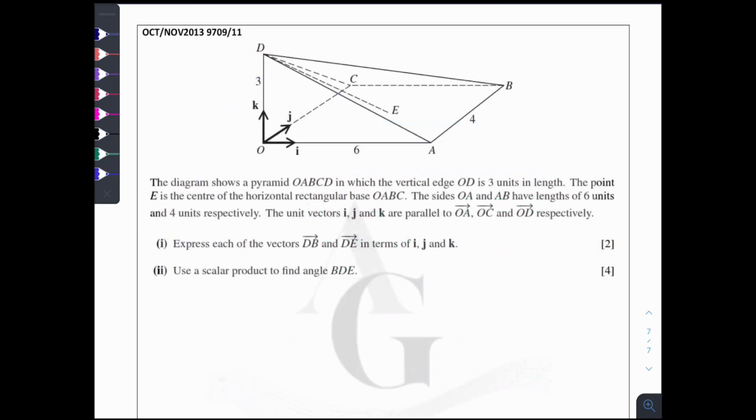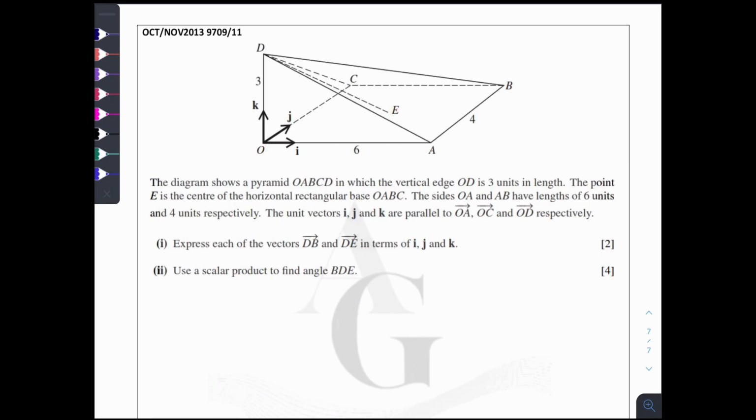Let's see how we apply the scalar product into the past year question. Have a look here at the October-November 2013 paper variant 11. For this question, you are given a diagram, and this diagram shows a pyramid OABCD, where the vertical edge OD over here is 3 units in length, and the point E is the center of the horizontal rectangular base OABC, which is over here.